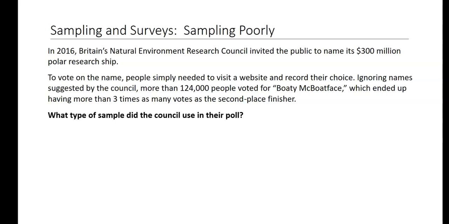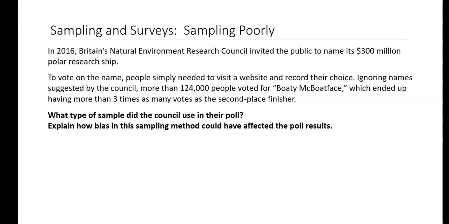So it seems like they used voluntary response, right? Because people are self-selecting and choosing that. Explain how bias in this sampling method could have affected the poll results. By just letting people self-select like that, only people who really wanted Boaty McBoatface felt strongly about that.